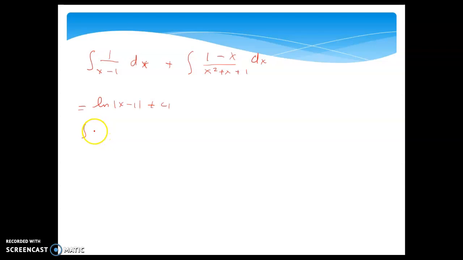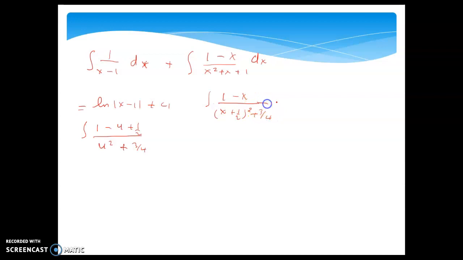First of all, I complete the square. So when I complete the square here, I'm going to have 1 minus x over x plus 1/2 squared plus 3 over 4.